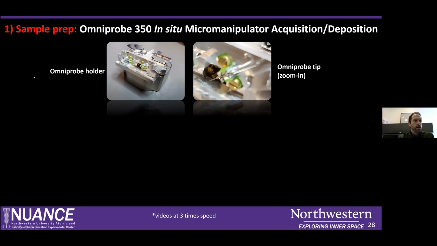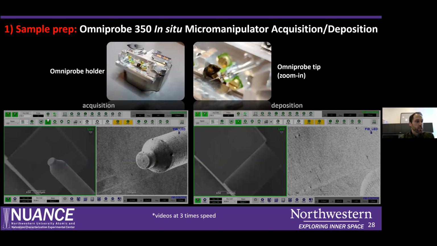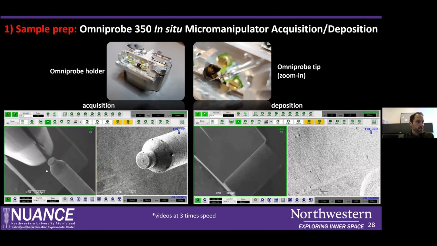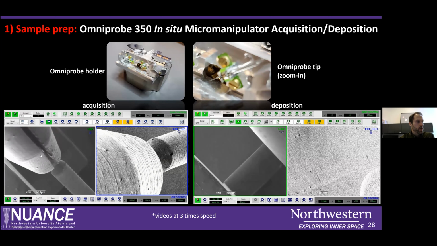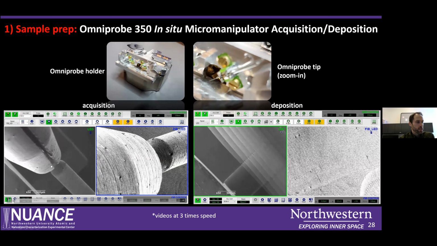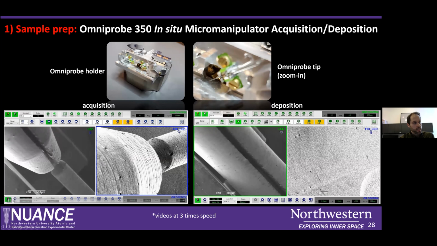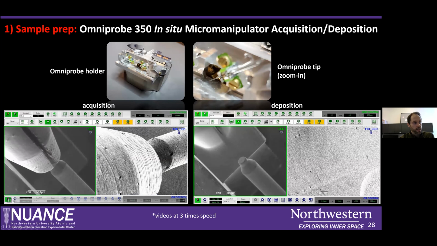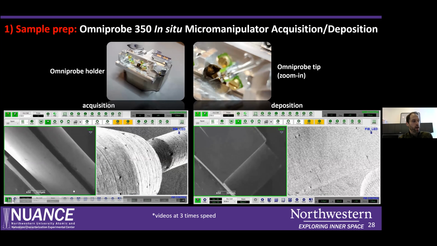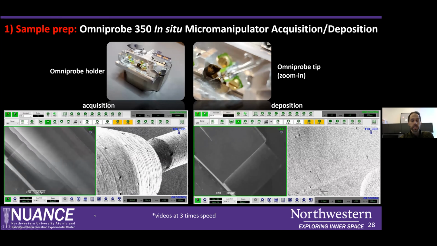And so the acquisition can be performed automatically. As you can see here, this takes about 5 minutes or so. So this is the SEM image where you position the gripper in the ion beam, and then it acquires it automatically within the vacuum.